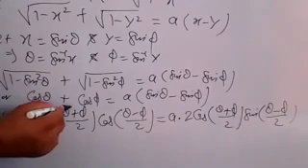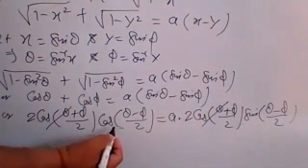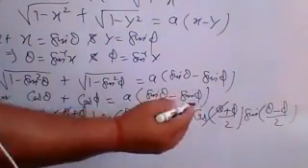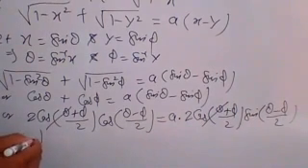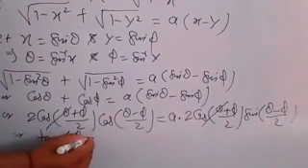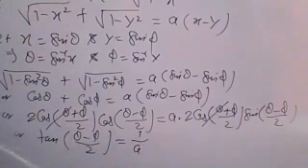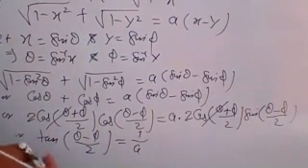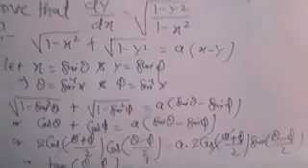So the 2 cos((θ+φ)/2) cancels out. Now if you transfer this cos((θ−φ)/2) to the right side, you have tan((θ−φ)/2) = 1/a. Now transfer this tan to the right side, so you have tan⁻¹(1/a).